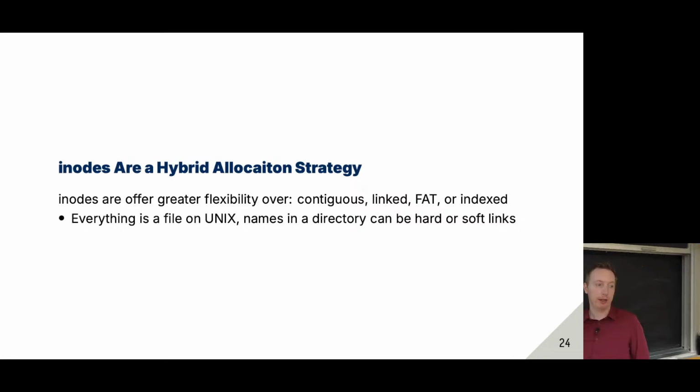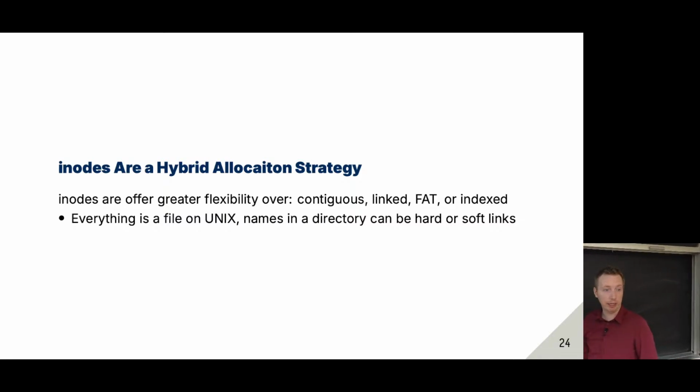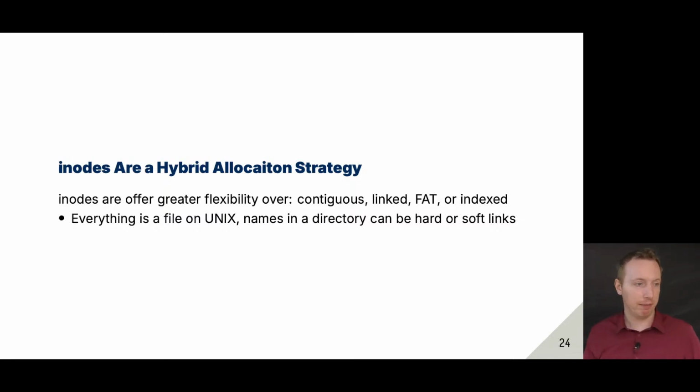So then we talked about inodes that are more of a hybrid, so they more or less use the index strategy, except they borrow the idea from page tables and have multiple levels. But unlike page tables where you always have 3 levels, or always 4 levels if you have a 48-bit virtual address, it has varying levels.